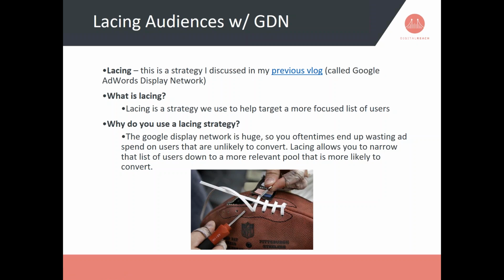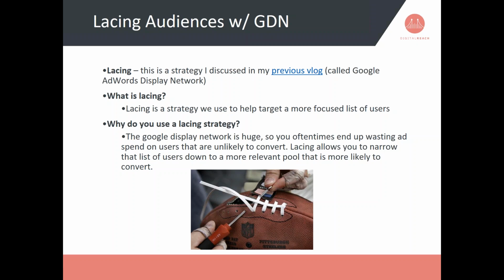Lacing is a strategy that we use to help target a more focused list of users. Why do we do that? We do that because on the display network, the pool of people that we can target is quite large. The analogy that I always draw is that if you think of the search network as planet Earth, the display network would be the rest of the universe.